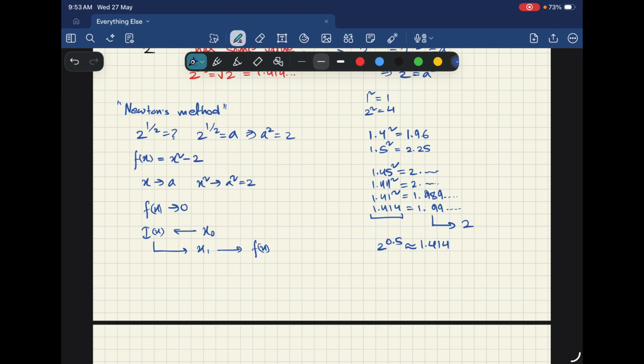Otherwise, we again put x1 into i(x), which returns us another x, that is x2. Now again we put this on f(x) and check if it is close to 0, and keep on this iteration until we come up to an acceptable value.